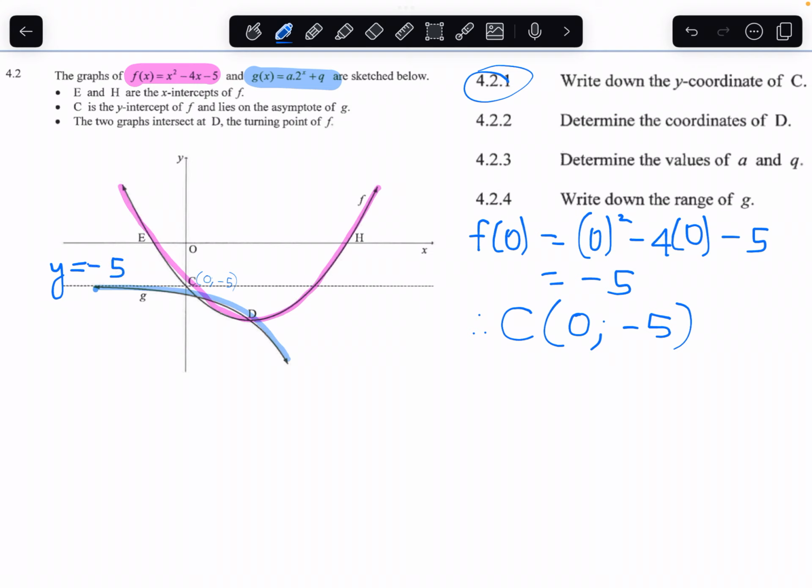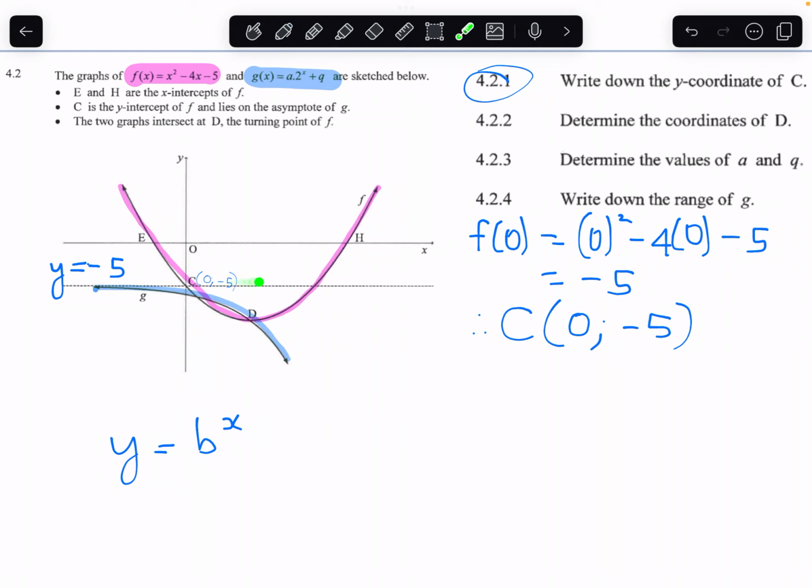Okay, right. Next question. Determine the coordinates of D. Okay, so we know what q is now for the exponential, because our most basic exponential function, y is equal to b to the x, its asymptote is the x-axis.